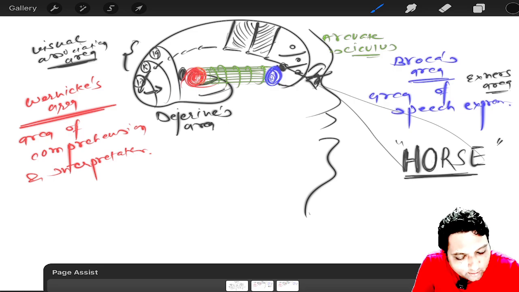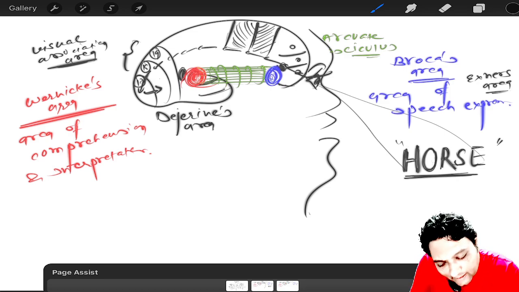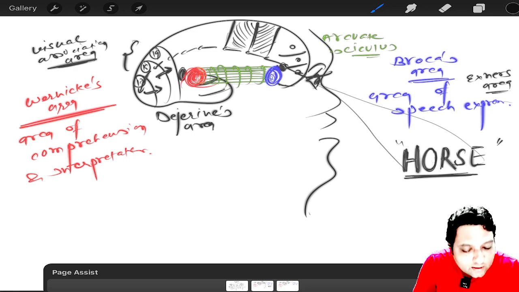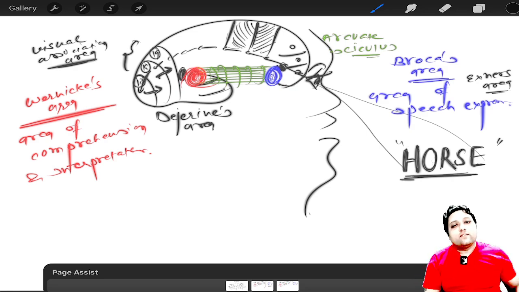All this information is analyzed in the secondary visual cortex, and after analysis, the secondary visual cortex communicates the visual information to the tertiary visual cortex, where these words are recognized, which is H, O, R, S and E, based on past experiences. Area number 17 receives visual information, area number 18 analyzes visual information, and area number 19 recognizes visual information.